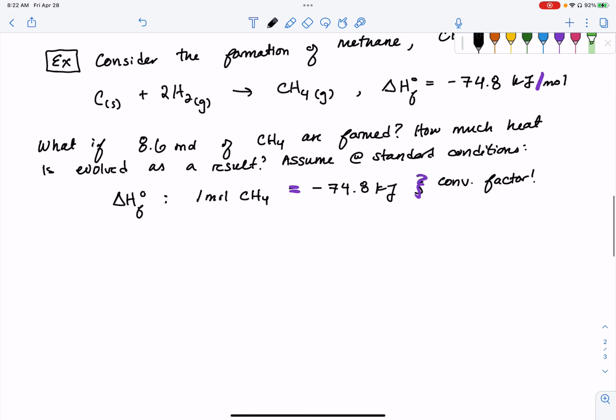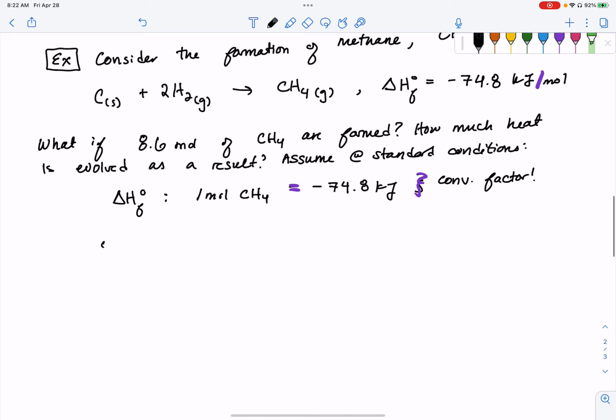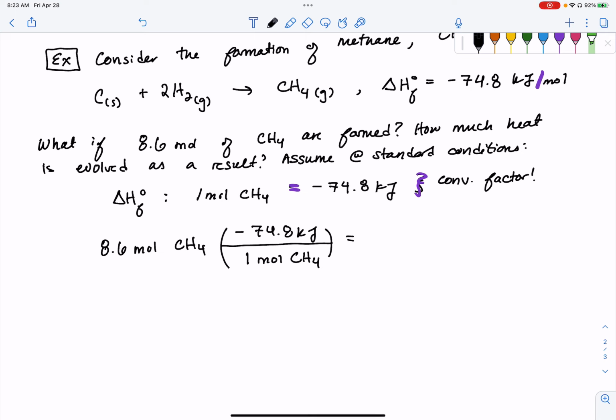So let's start with our actual mole quantity of methane that is formed. I know that if 1 mole of methane is formed, then 74.8 kilojoules of heat are released. That's what that negative sign means.